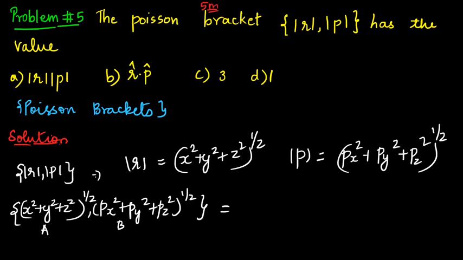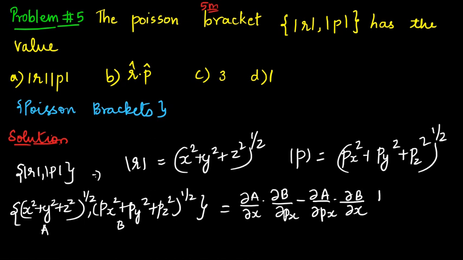Now I have to write the formula for this. I'm going to write this as dou A by dou x dot dou B by dou px minus dou A by dou px dot dou B by dou x.